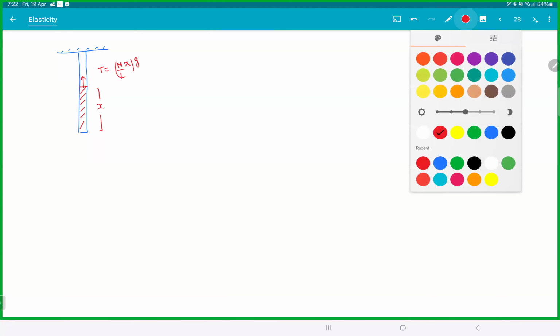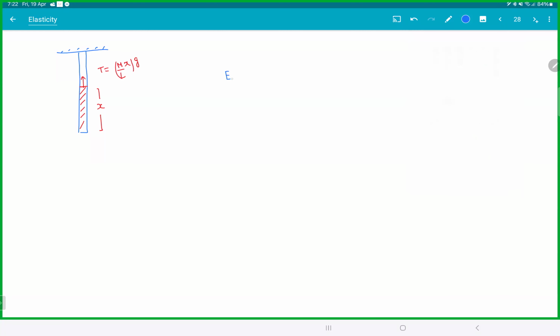That's your tension. So tension is variable. So energy in the upper half will be the integral of mgx by L whole square by AY into dx. This goes from L by 2 to L.